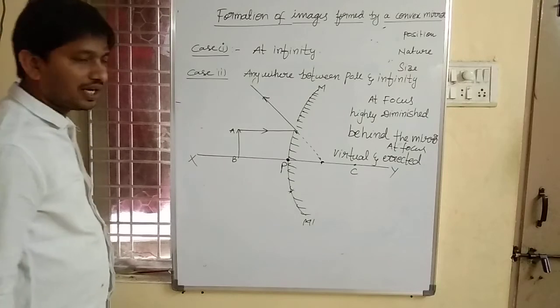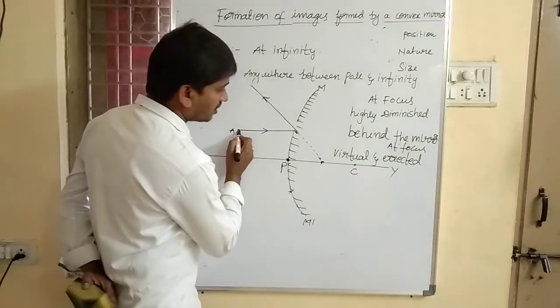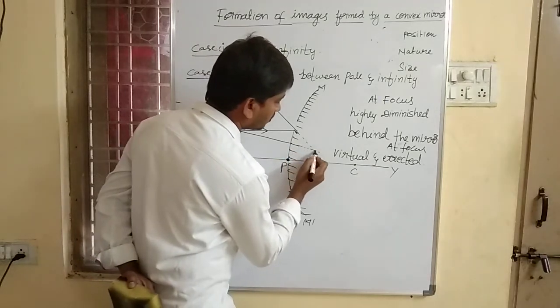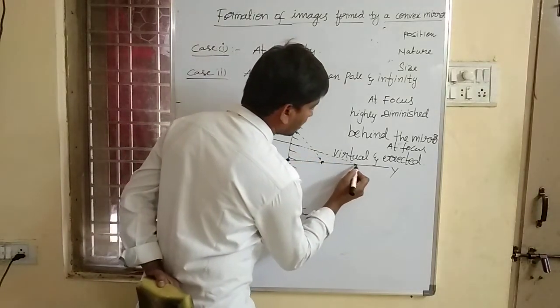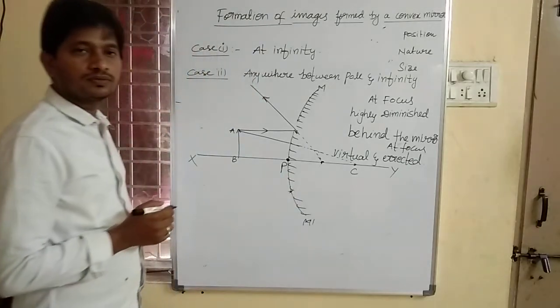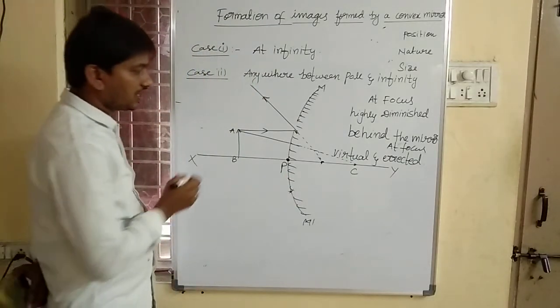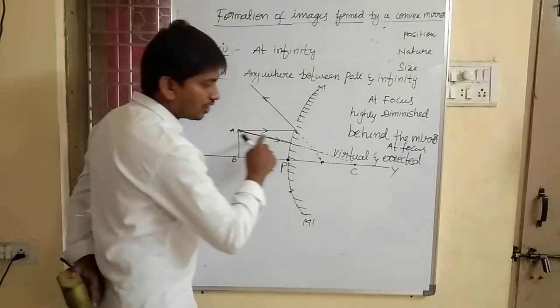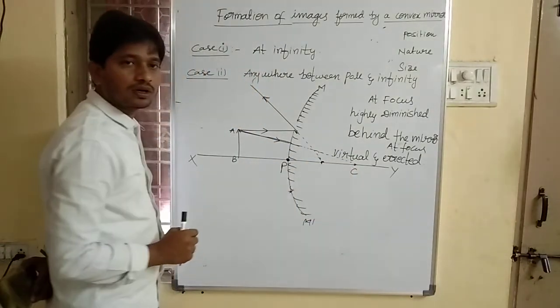Now the second ray, a ray of light which is going towards the center of curvature of a convex mirror. See, this is my second incident ray which is going towards the center of curvature.